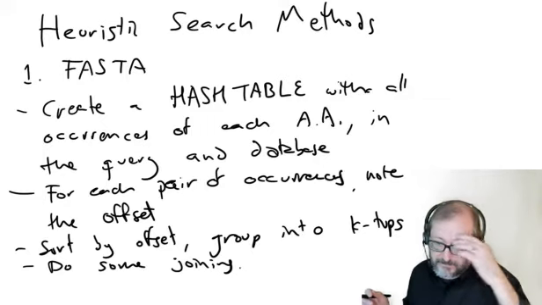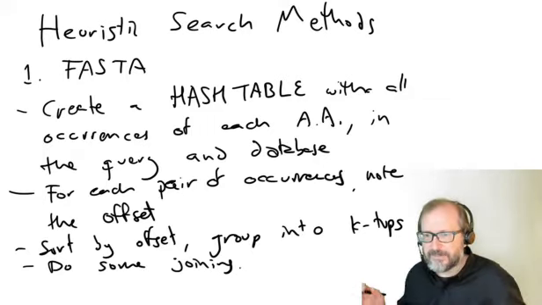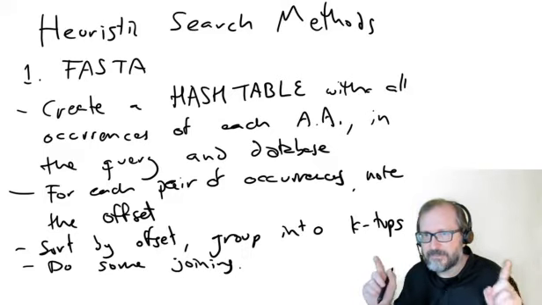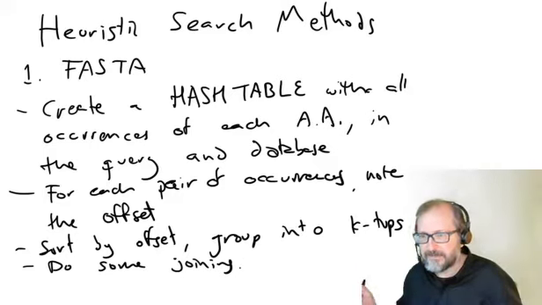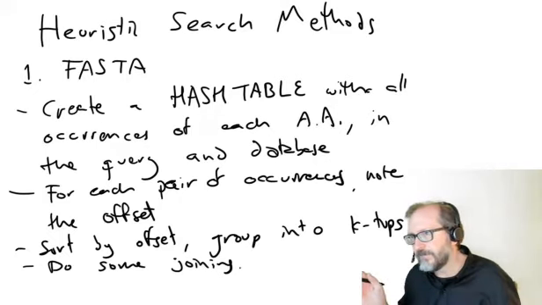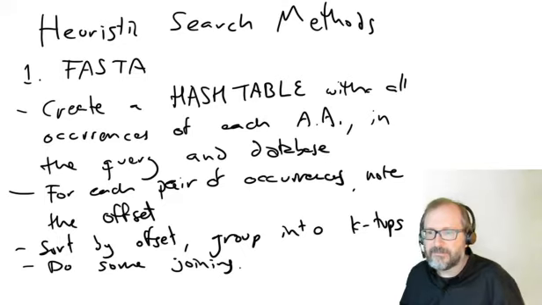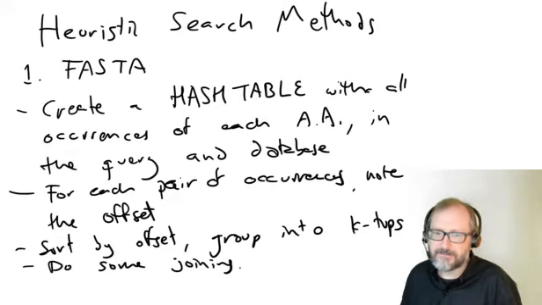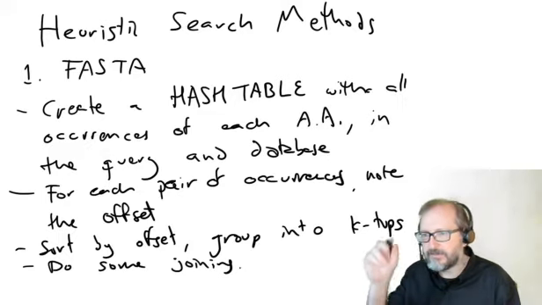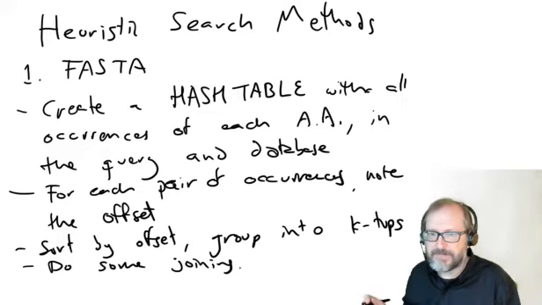So that what that would end up doing is that all the times that you see a single amino acid occurring at a set offset, like let's say every time it occurred at offset of 14, these would all be together on your list. And so you could group them into this thing called a K-tup. And you can think of this as a diagonal in this gigantic alignment matrix.